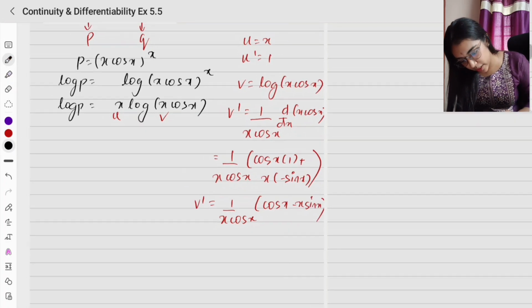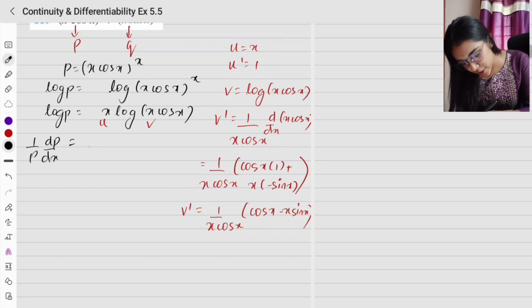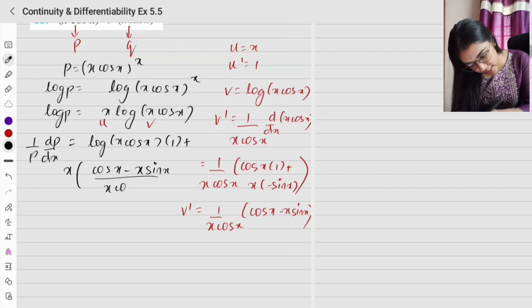So what happens when we substitute this? I have 1 by p times dp by dx. I'm going to find the derivative, equals v u dash, which is log of x cos x times 1, plus u v dash, which is x times v dash, cos x minus x sin x divided by x cos x.